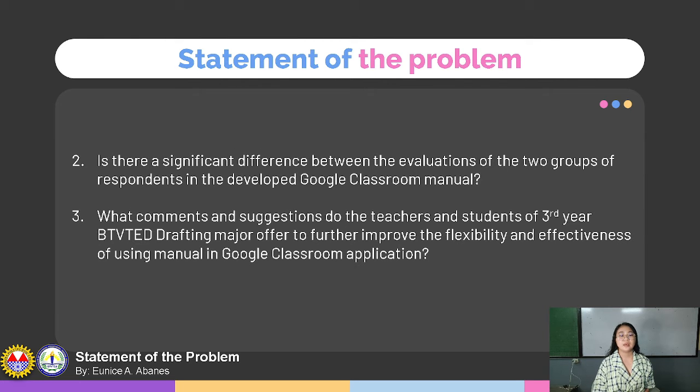Number 2, is there a significant difference between the evaluation of the two groups of respondents in the developed Google Classroom manual? Number 3, what comments and suggestions do the teachers and students of 3rd year BTVTED Drafting major offer to further improve the flexibility and effectiveness of using the manual in Google Classroom application?